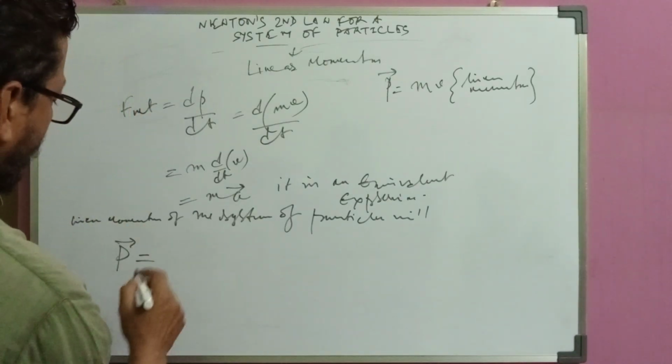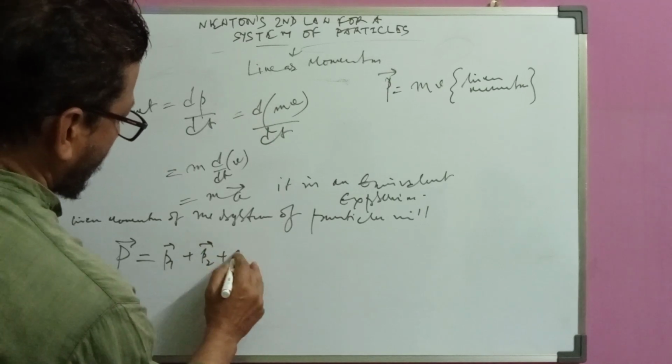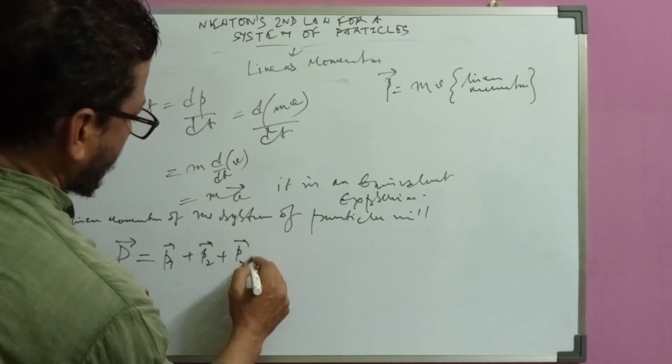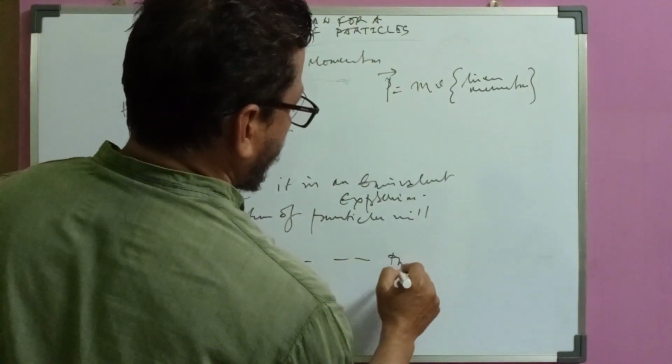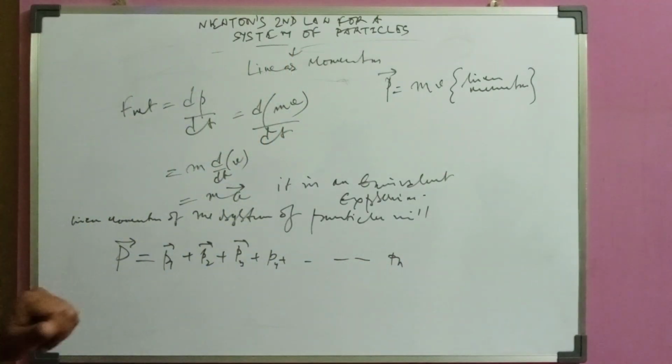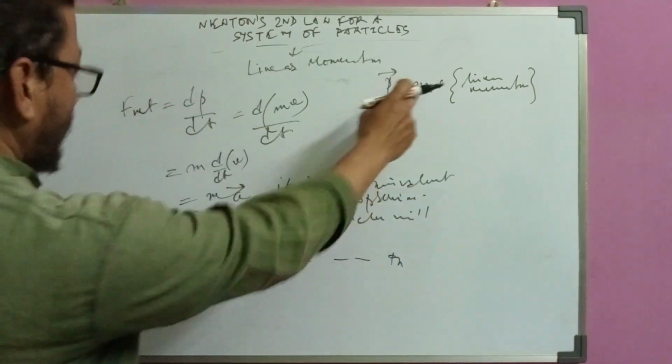One after one we can write it this way: P1 plus P2 plus P3 plus P4, and so on, that is P. Now this P we can replace with mv.